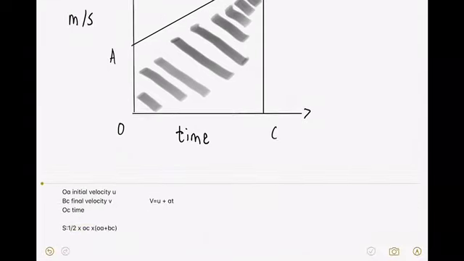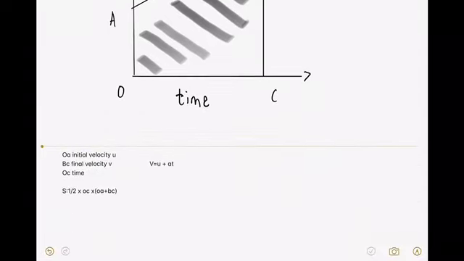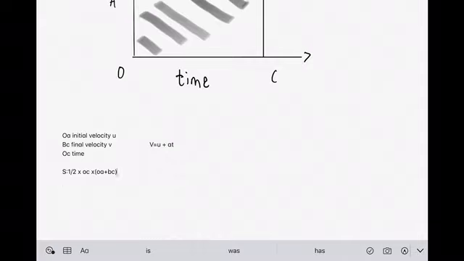The area underneath the time graph itself will give us the displacement, which means this trapezium will give us the displacement. So now as a reference, v equals to u plus at. So using that, we can now solve this equation. S will then equal to half into time bracket u plus v.